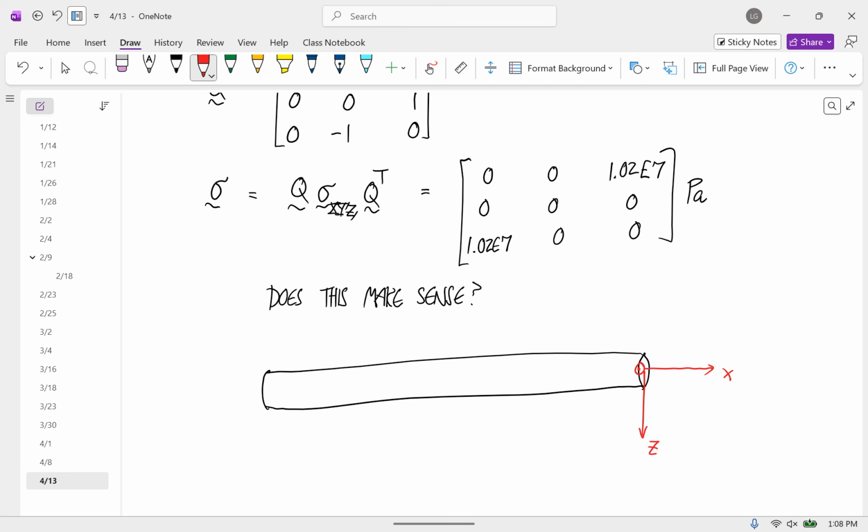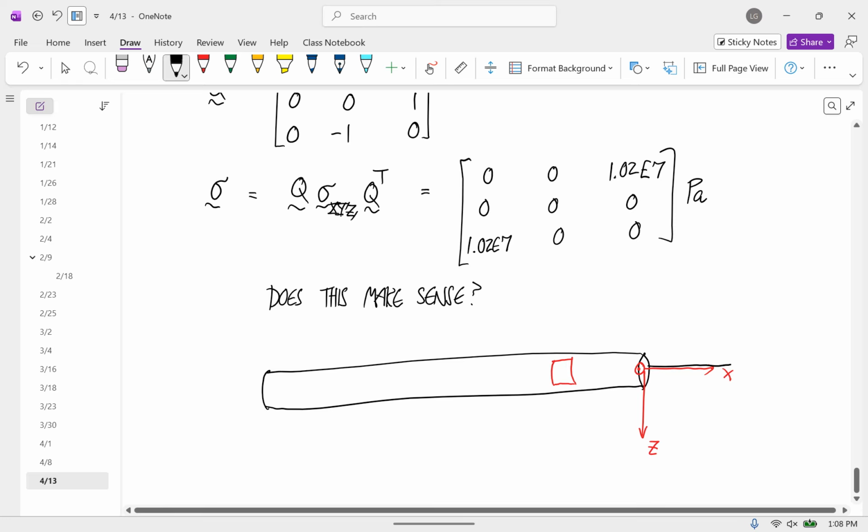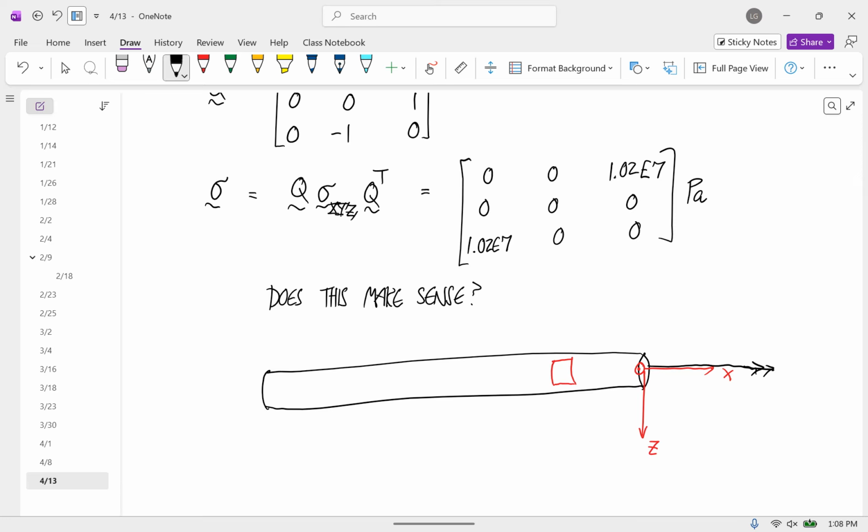And the point where we want to calculate the stress this time is up here. Well, if we apply a positive torque to this, so we twist this end this way, and by the right-hand rule, that means twisting it like this.